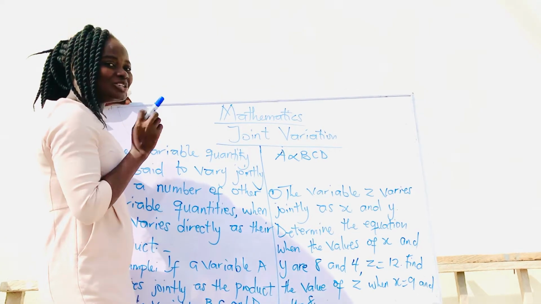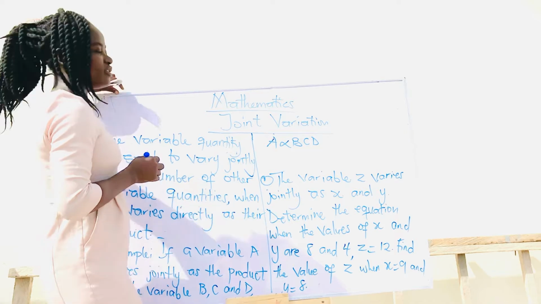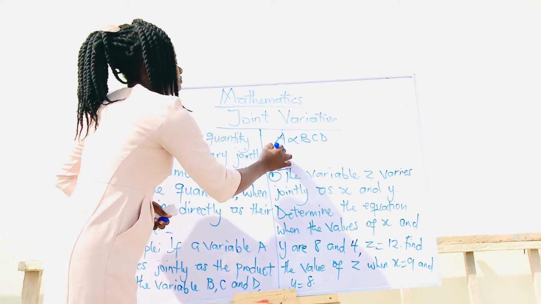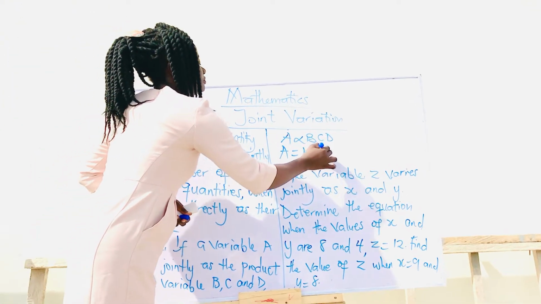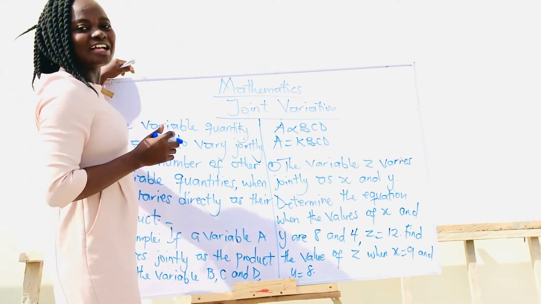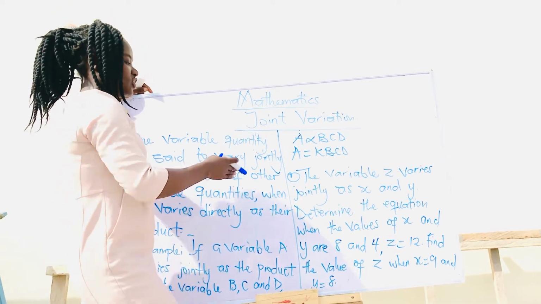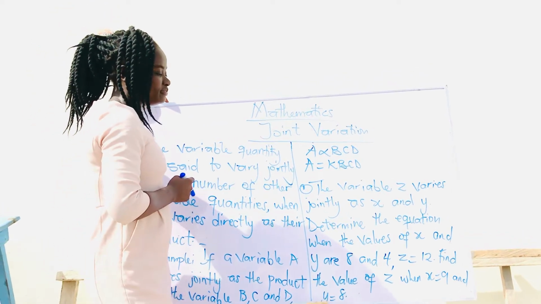And the moment you do that, our constant now comes in. So this becomes A equals KBCD, where K is the constant of variation. And that is perfect.